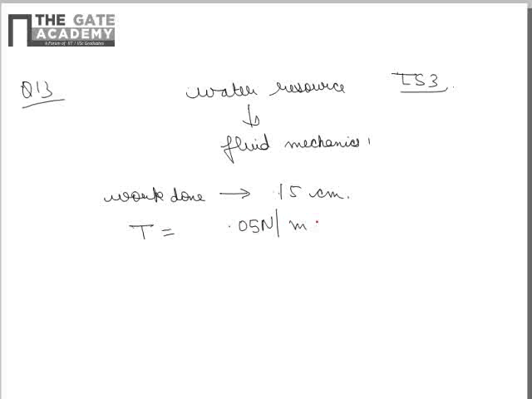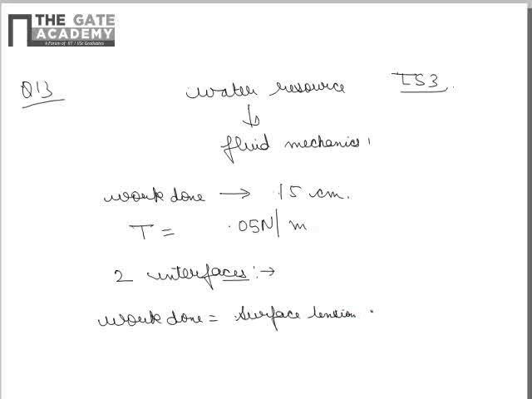Now as we know, a soap bubble has two interfaces, that is, it is in contact with air, one from inside and one outside, so it is having two interfaces. So work done will be surface tension multiplied by surface area.